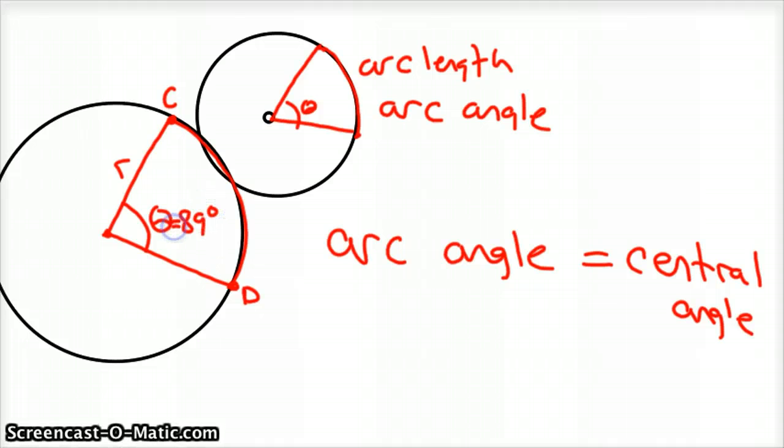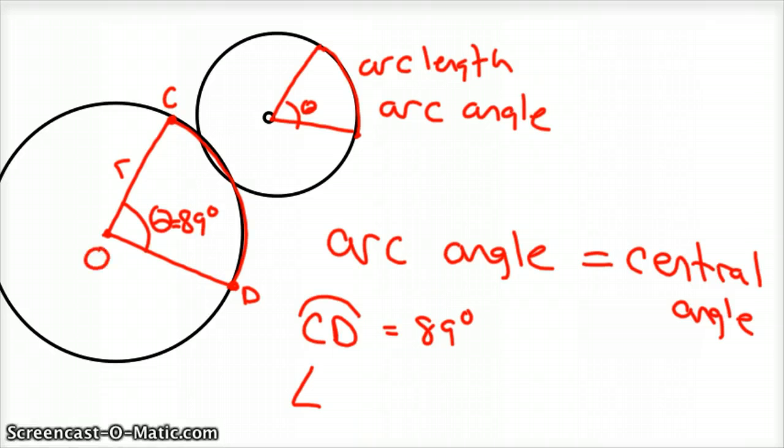Theta is equal to 89 degrees. So I know the arc angle CD is equal to 89 degrees, which is also the same as angle COD, which is also 89 degrees.